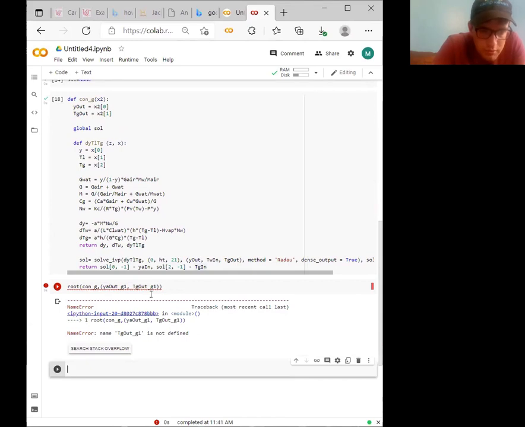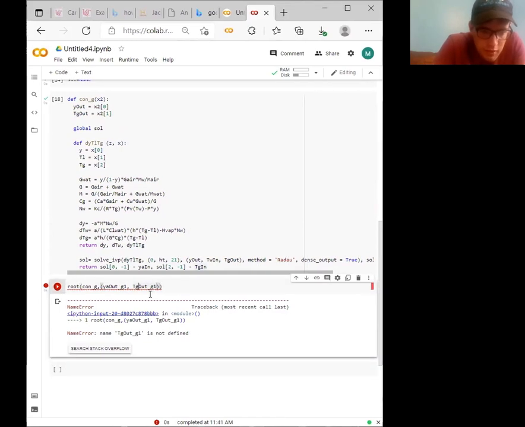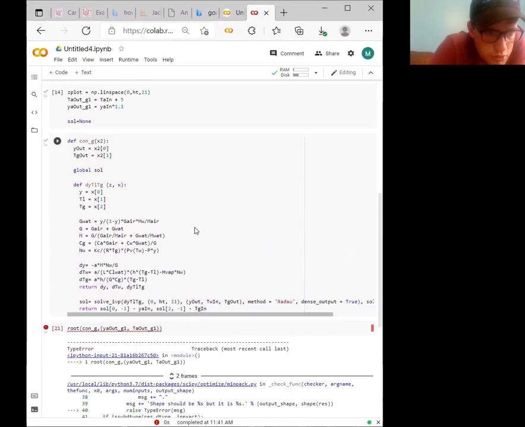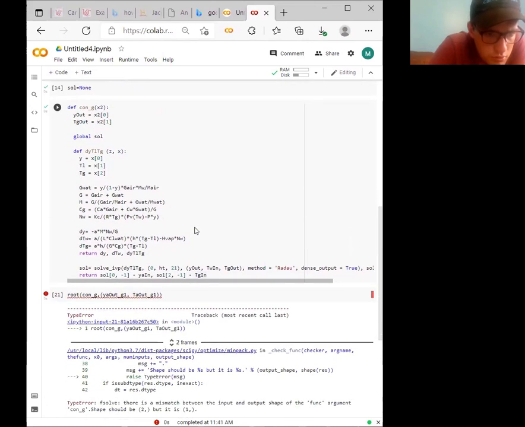Oh, TA. I did it as the error earlier. All right. Should be 2, but it is 1. Root 1 G Y L. There is a mismatch between the input and output shape of the function argument.